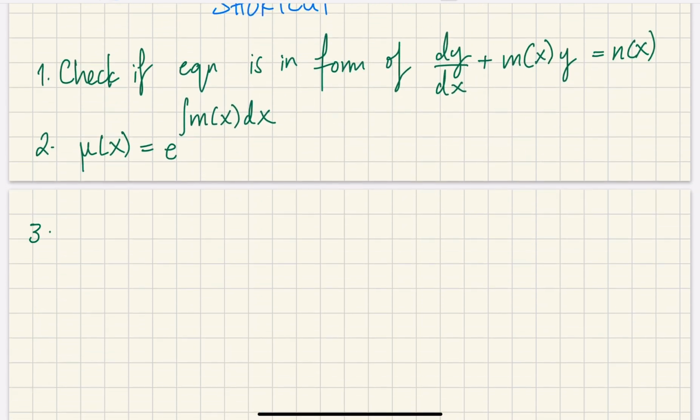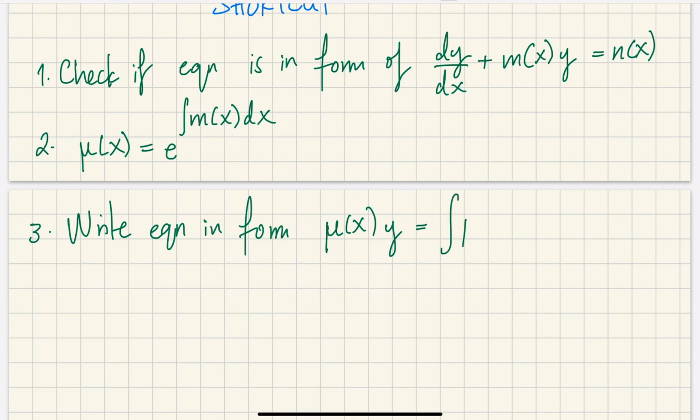So step 3 is, write the equation in the form mu of x times y is equal to the integral of mu of x n of x dx.